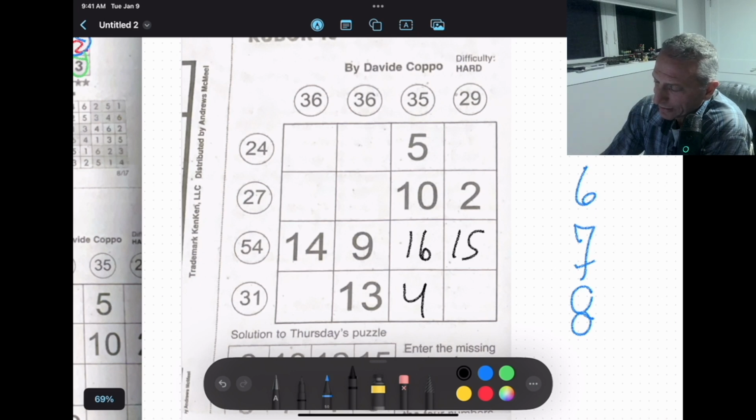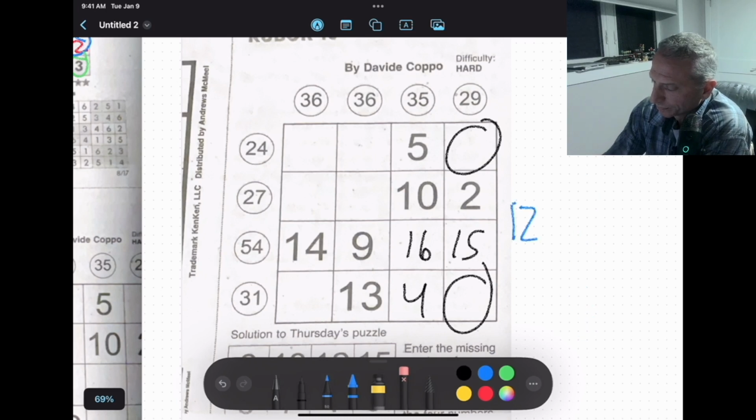15 plus 2 is 17. So right here, this one and this one, they must equal 12. Okay? They must equal 12. And this one and this one, 13, 14, 17, they must equal 14.